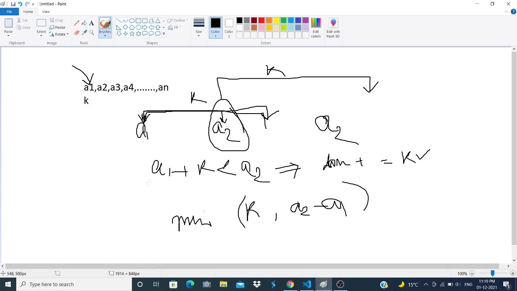Actually you can also do this using two if conditions, first checking if a1 plus k is lesser than a2, then add k to the damage, else add a2 minus a1 to the damage. Or alternatively, you don't check those two conditions using if, you just simply do damage plus equals minimum of k comma, not a2, basically it should be ai plus 1 minus ai, right.